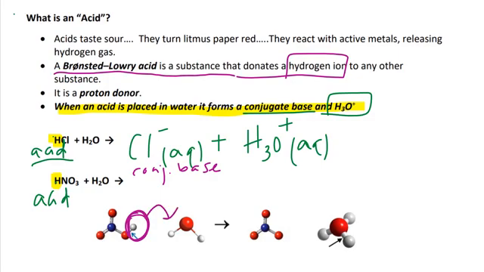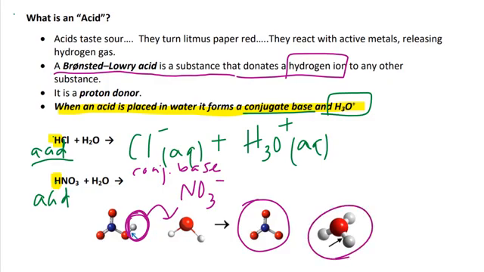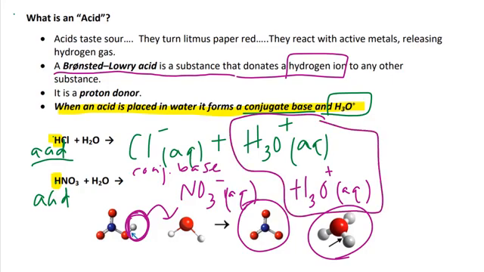So over here my products are just NO3 minus, and that H went over to my water to give me that H3O plus. Again, both aqueous. And so there we go. Both products contain my hydronium ion, my H3O plus, and both also contain a conjugate base.